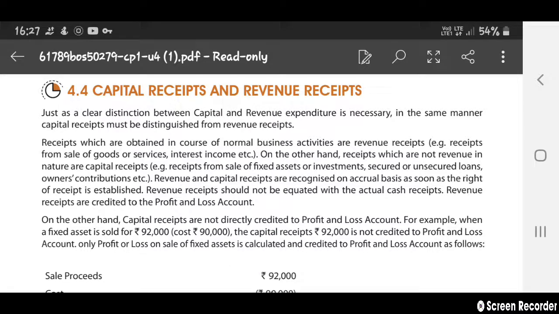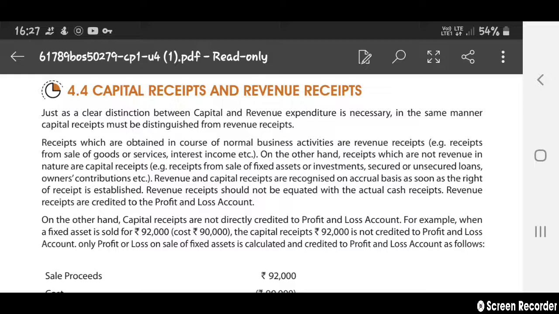Capital receipts and revenue receipts. Just as a clear distinction between capital and revenue expenditure is necessary, in the same manner capital receipts must be distinguished from revenue receipts.